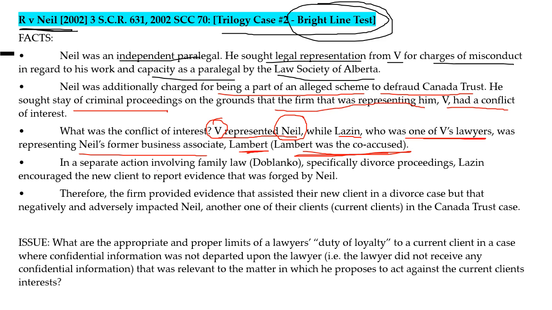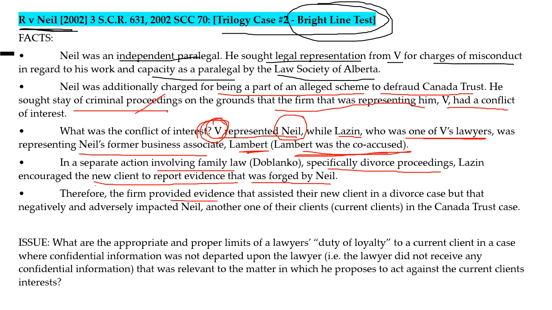In a separate action involving family law, especially a divorce proceeding, Lazin, who was V's lawyer, encouraged the new client to report evidence that was forged by Neil.